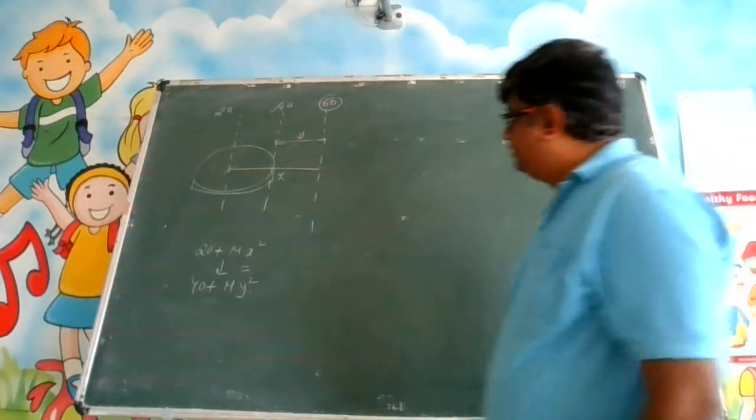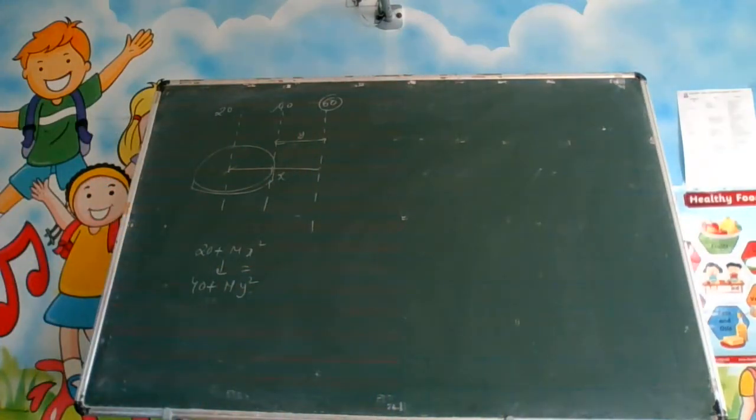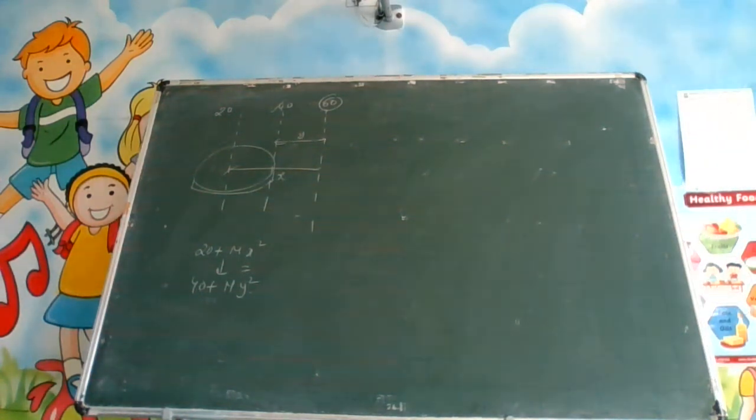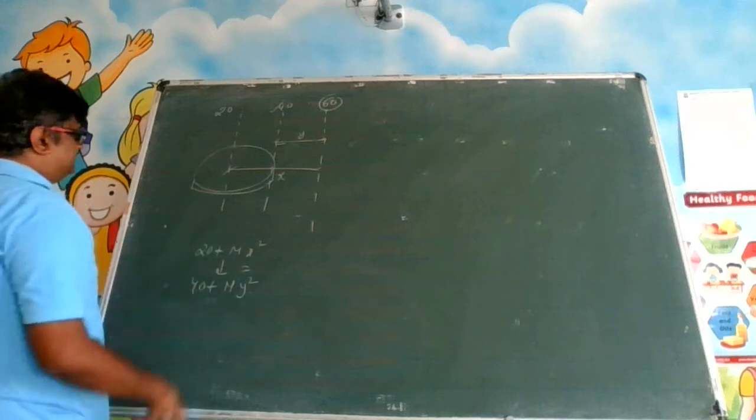This is what you have worked out. Now about this axis, this is our CG axis.